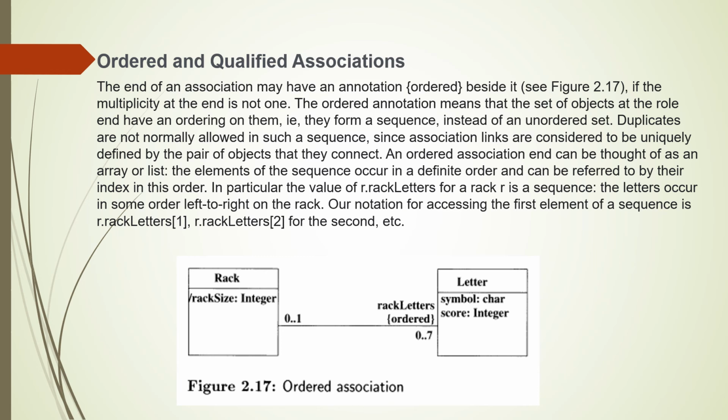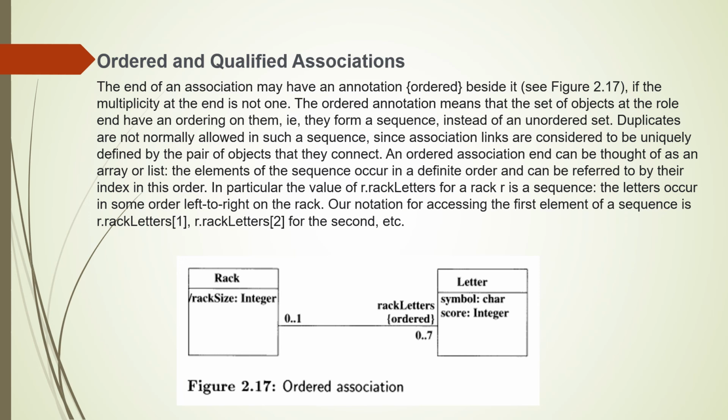An ordered association can be thought of as an array or list. The elements of a sequence occur in a definite order and can be referred to by their index in this order.